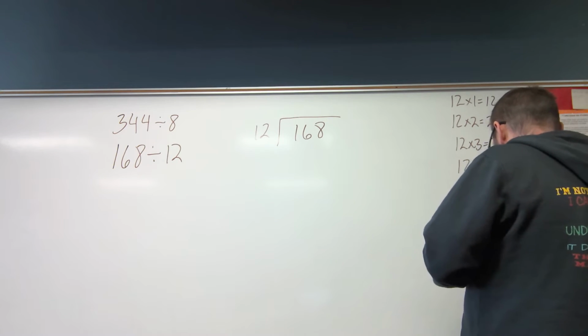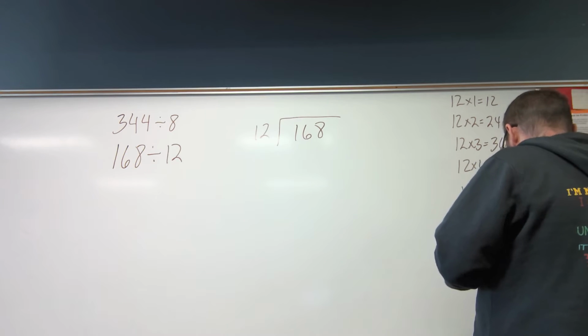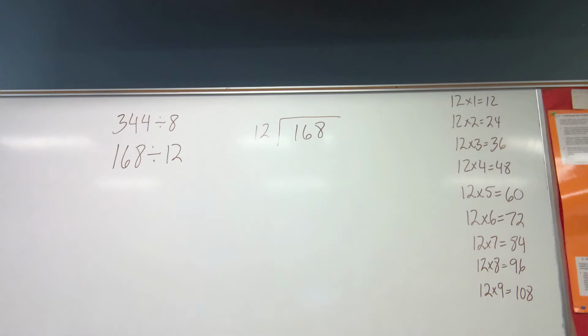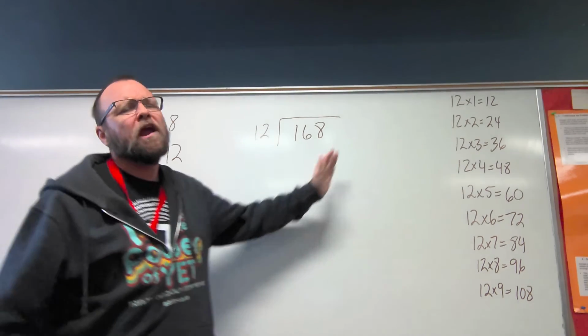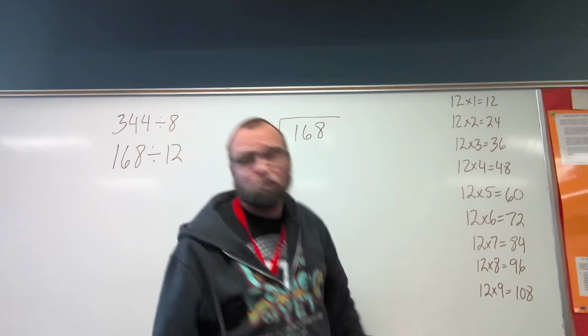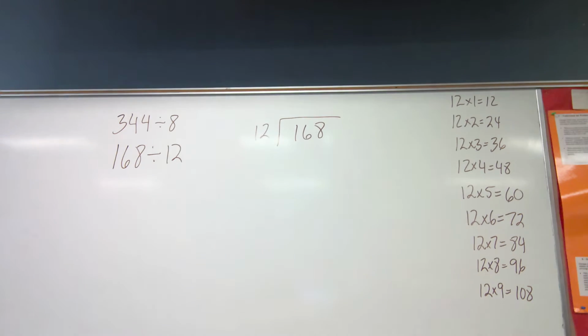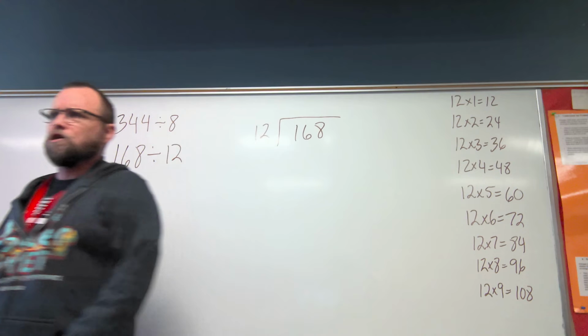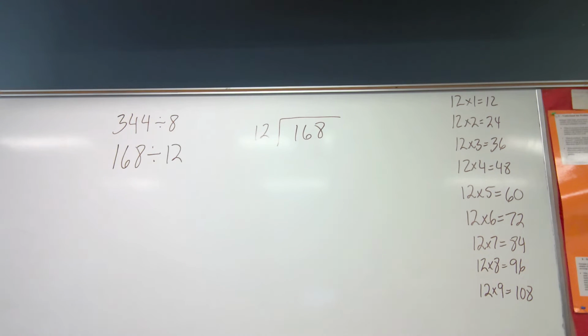And 12 times 9 equals 108. So now I've listed my first 9 multiples of my divisor, and I have done the most difficult part of division right here. That's hard.